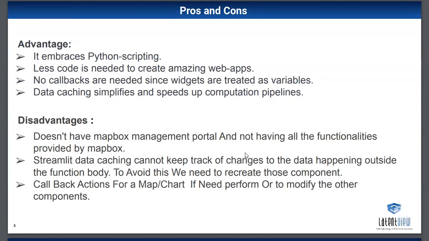Now we are going to the disadvantages. The disadvantage in Streamlit is Mapbox. Mapbox provides custom online maps for website and application developers, so we can customize all the maps in our website, but Streamlit does not support Mapbox.